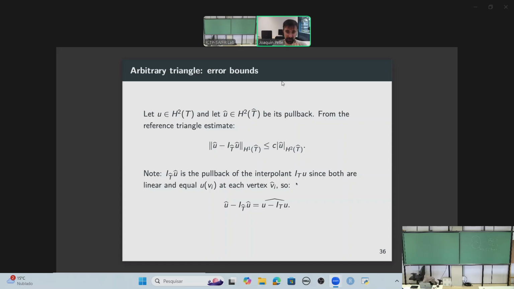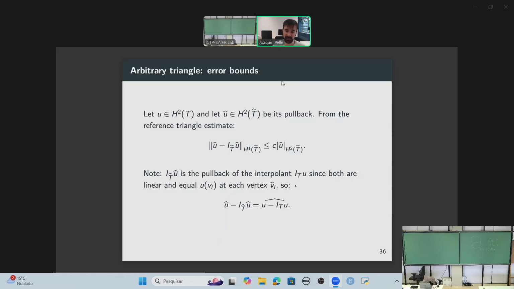And that's because both the interpolator on the reference triangle of the pullback of the function and the interpolant of the function in the physical triangle, they both are linear functions, and because of how the pullback is defined, we know that they are equal to u evaluated at each of the vertices of the reference triangle, right?